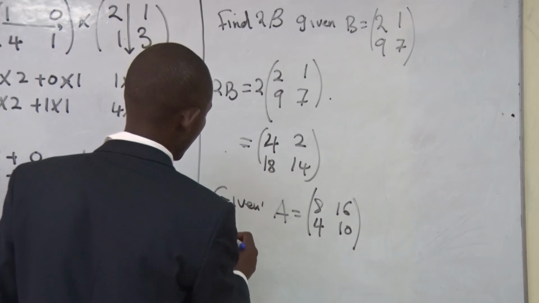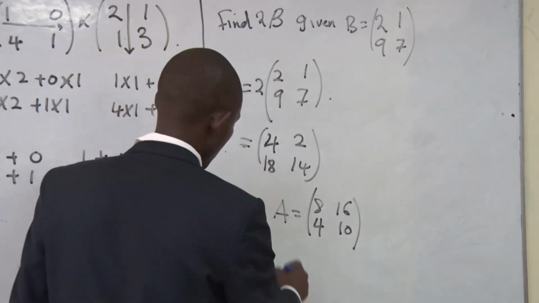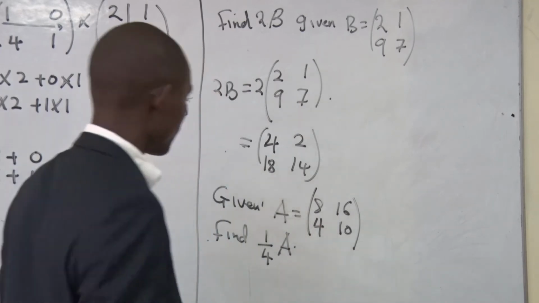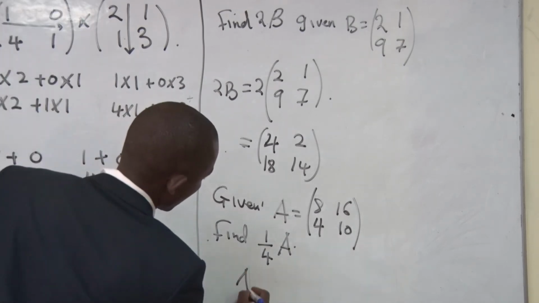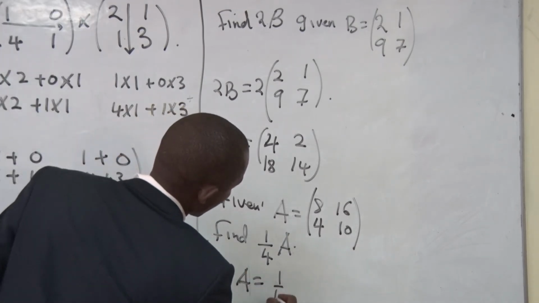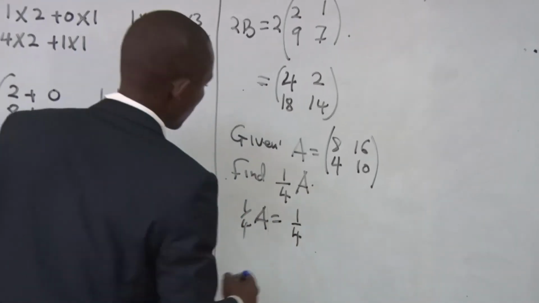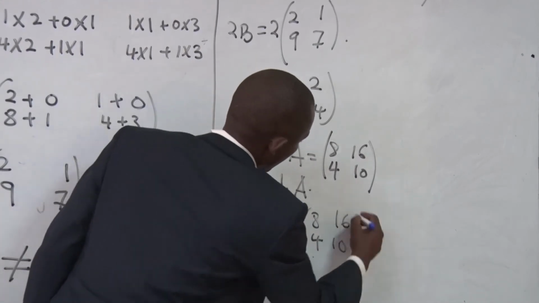You are told to find a quarter A. If you are told to find a quarter A, you write a quarter A will be equal to a quarter times 8, 16, 4, 10.